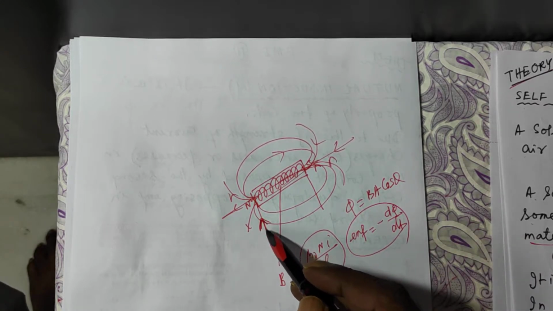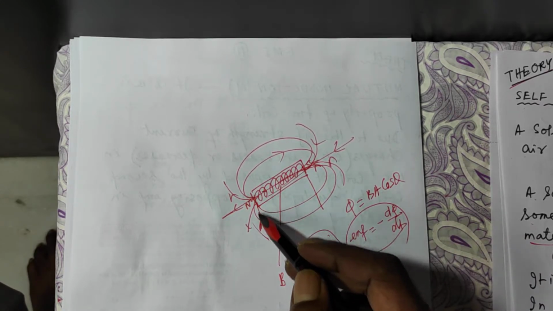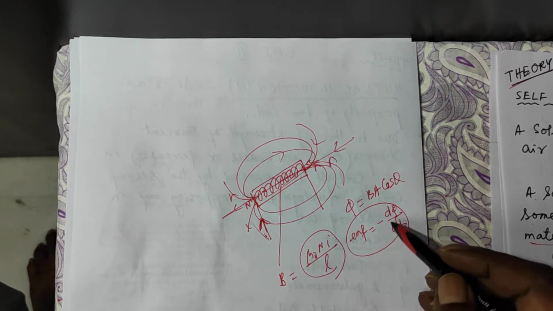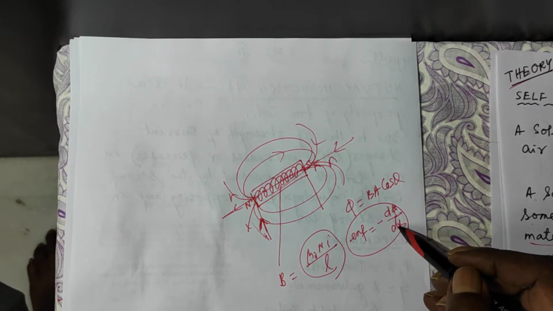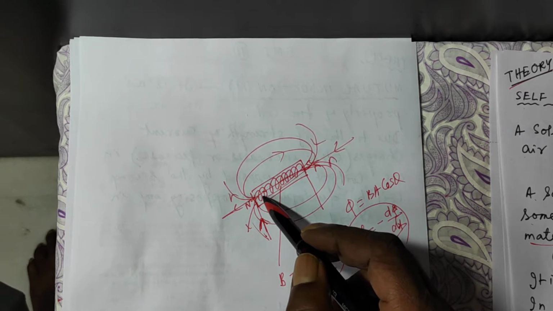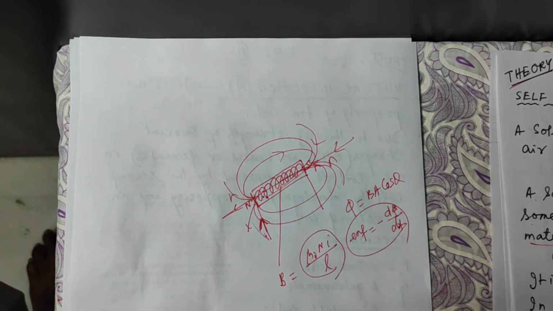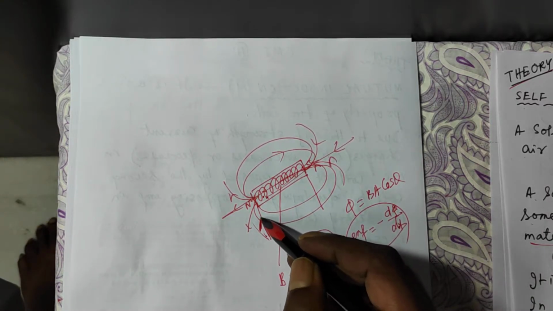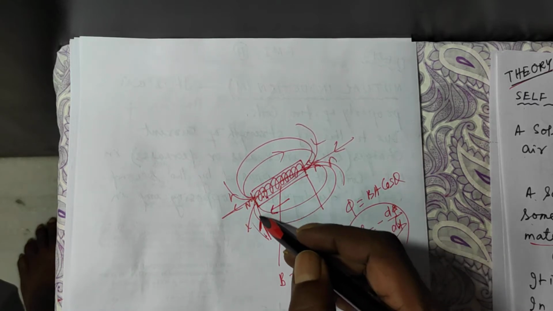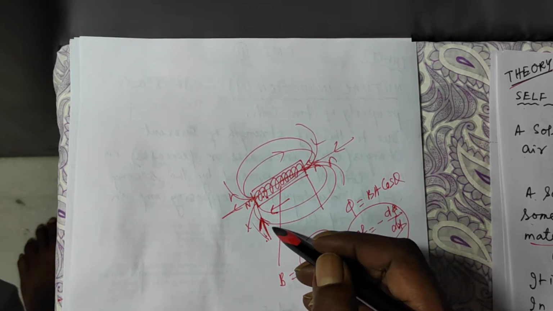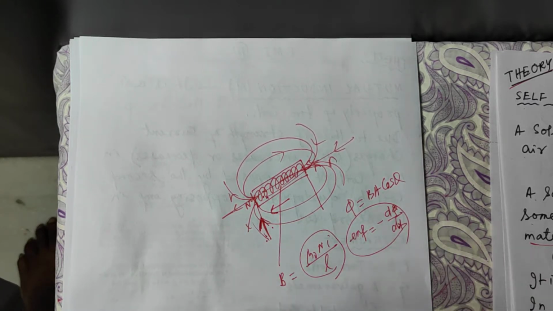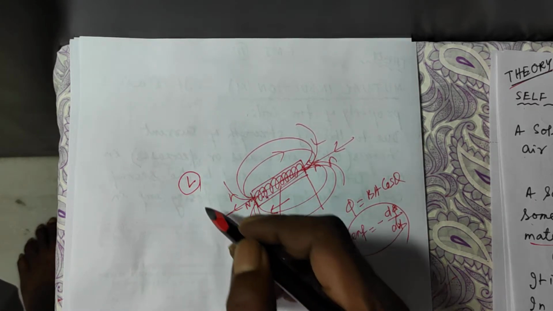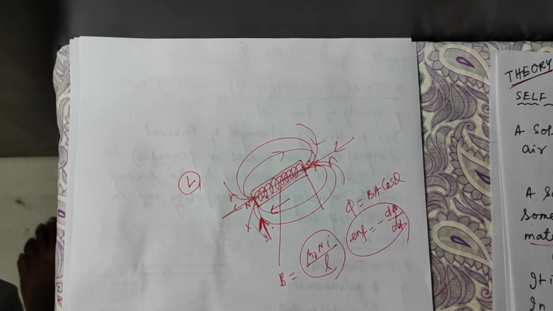So when this current was either increasing or decreasing, due to this change of flux associated with it, the coil was developing an EMF that was opposing this current. If it was increasing, it was opposing. If it was decreasing, it was also opposing the decrease. That property was called self-inductance, L of the coil.